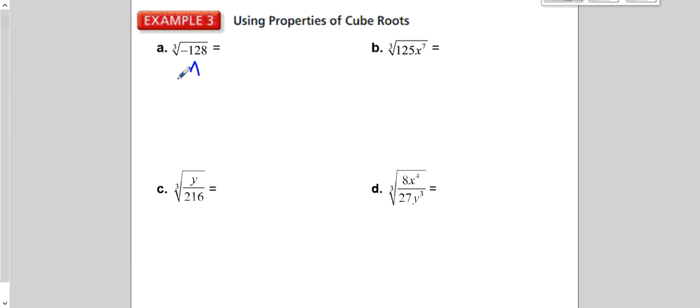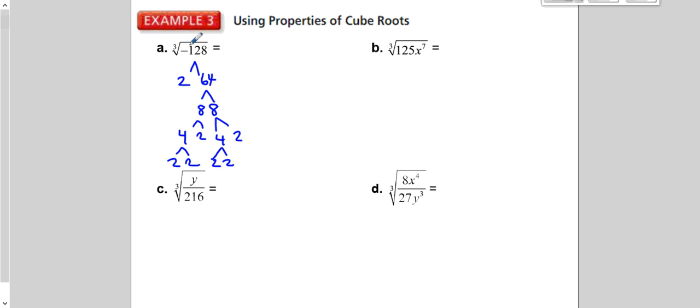So 128 is 2 times, 2 goes into 12 6 times, 2 goes into 8 4 times, so that's 64. Oh, we know 64. That's 8 times 8. 4 and 2. 4 and 2. 2 and 2. 2 and 2.